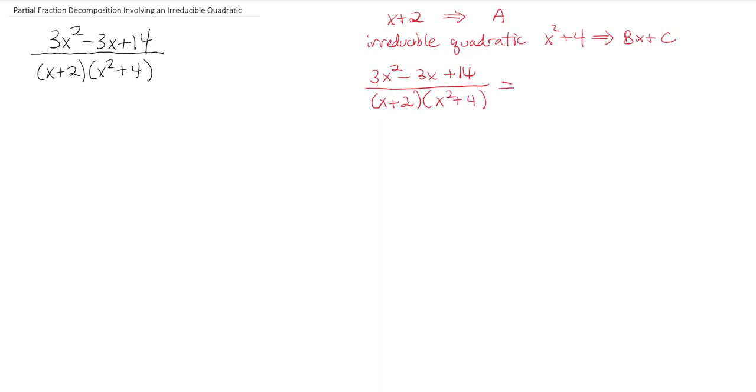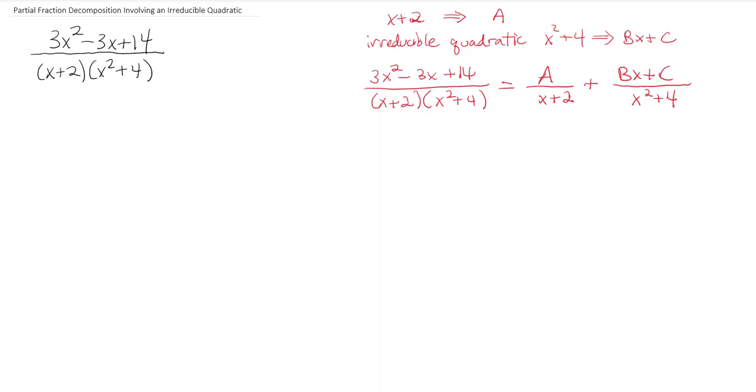So our setup goes something like this: we'll have A over the linear factor x plus 2, plus bx plus c over our irreducible quadratic. Now we are ready to solve for our a, b, and c.